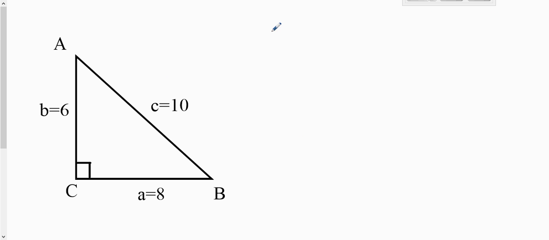So let's actually use one of those. Again, if I want to find on this triangle the sine of angle B, in this case, angle B is our reference point. I'm starting from here. Sine, using SOHCAHTOA. I'm just going to write it out here so we can visualize it.